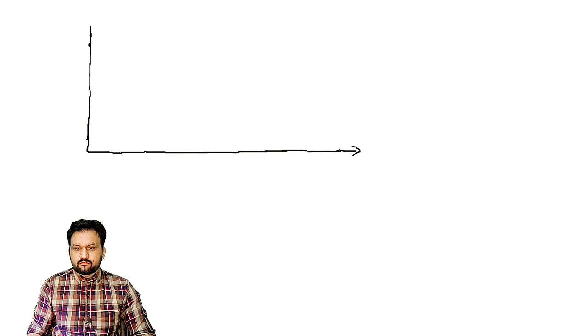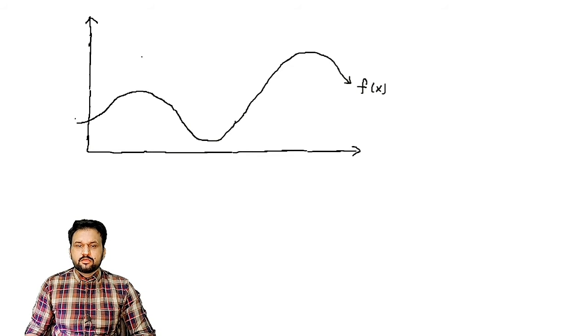My dear friends, if you have a function that behaves like this, here is your required function f of x, with x and y axes and this is your origin point.